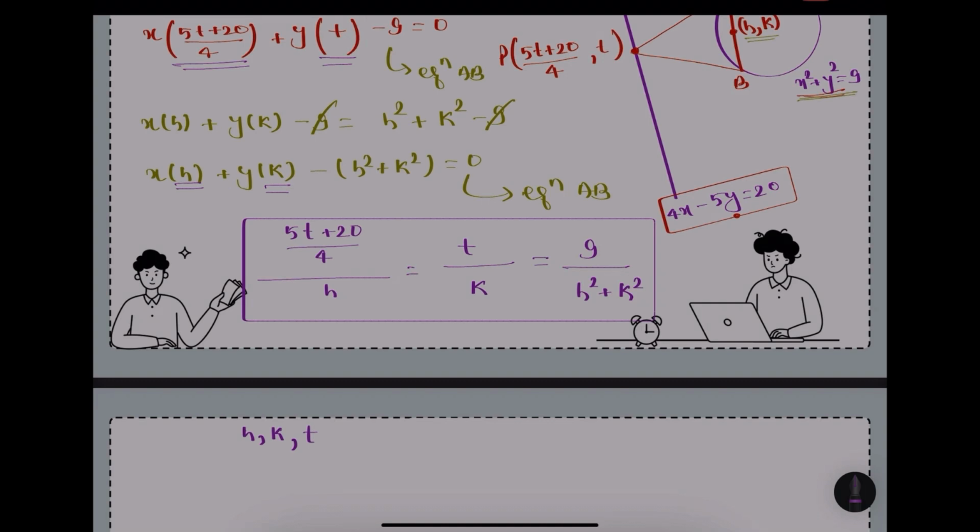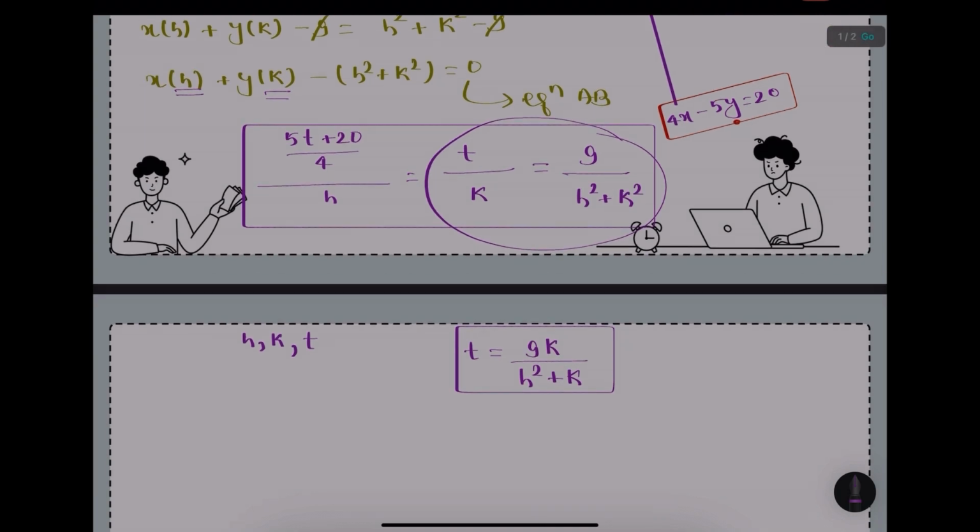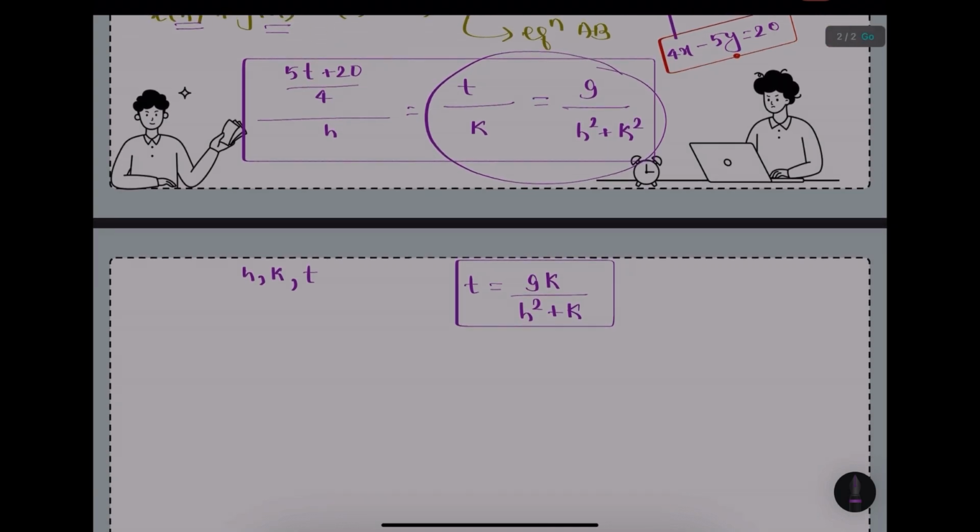So can we take help of these two things to remove t? Can I write t as 9 times k upon (h square plus k square)? So in place of t you can write this thing.